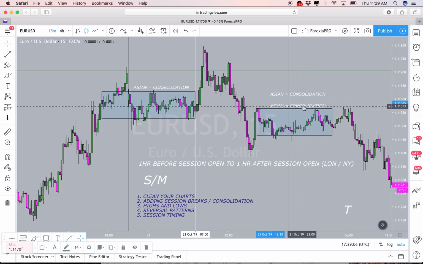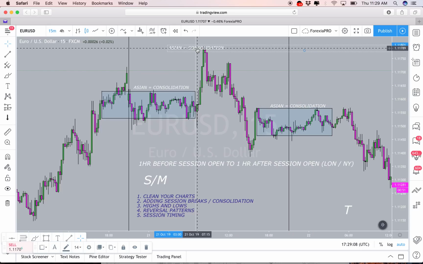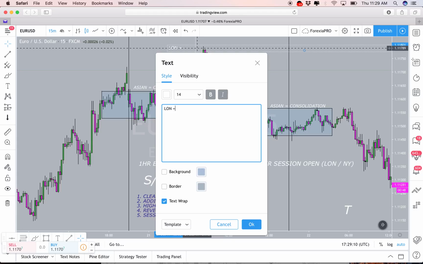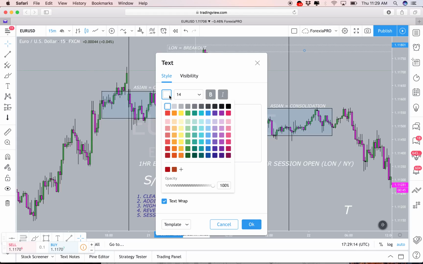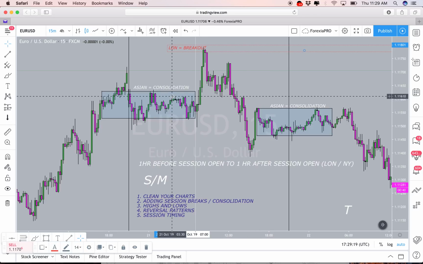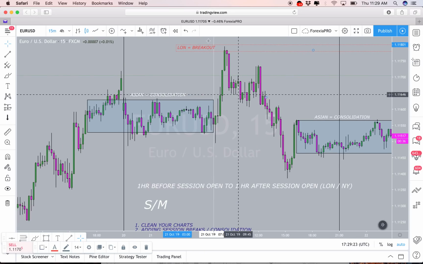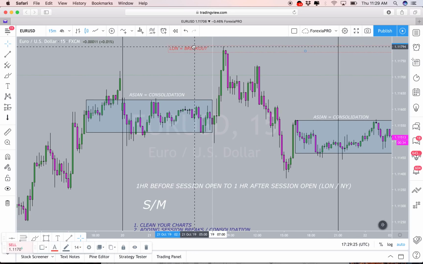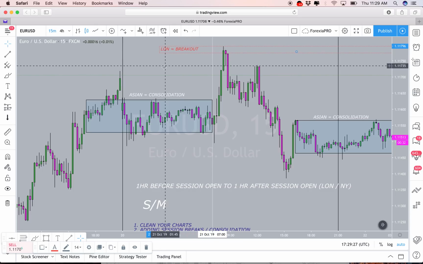We have London. London session is known as the breakout session. Why? Because we break out of Asian session consolidation. We break out of the range. Okay? So, check this out. Here's a perfect example.